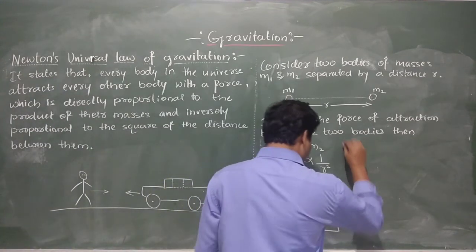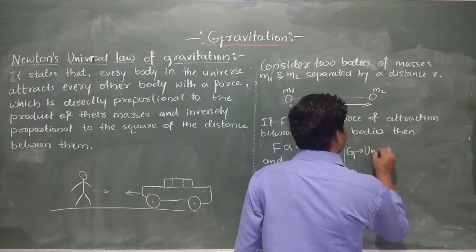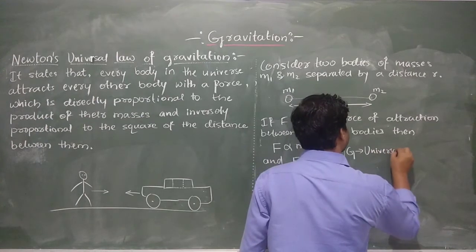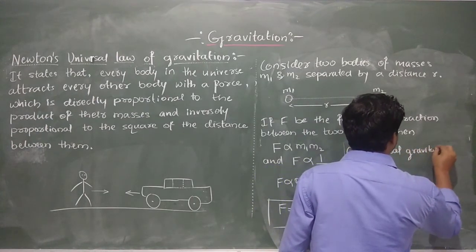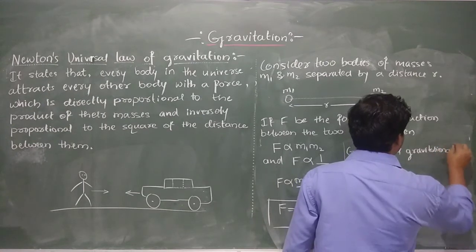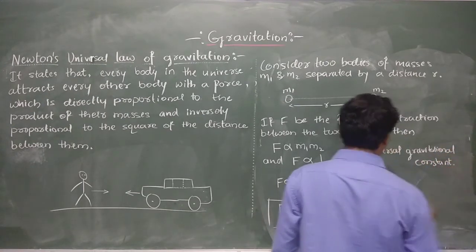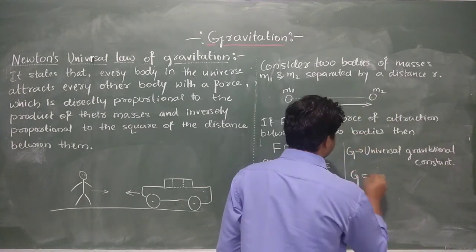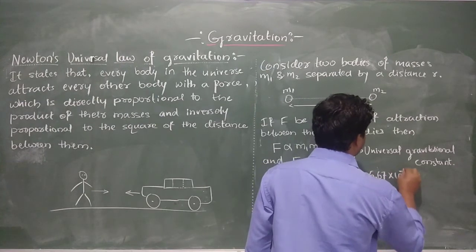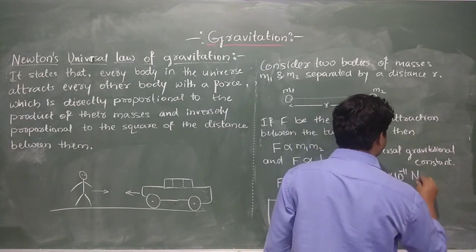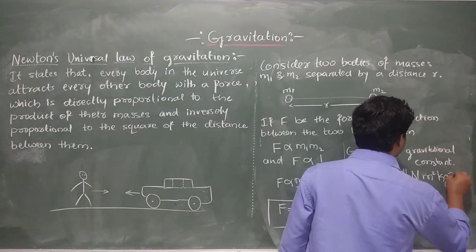This G is called the universal gravitational constant, and the value of G is 6.67 into 10 to the power of minus 11, and its unit is Newton meter square per kg square.